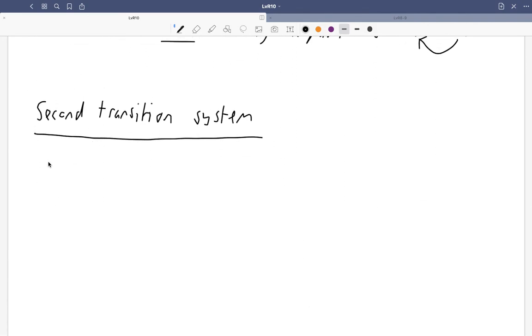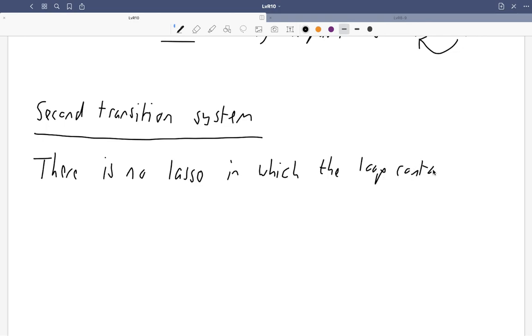So there is no lasso in which the loop contains a final state.